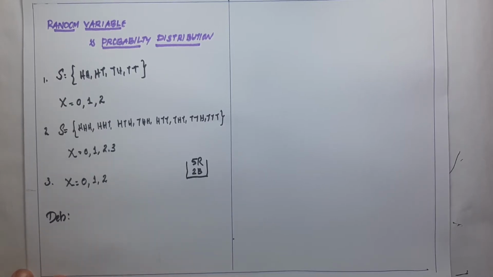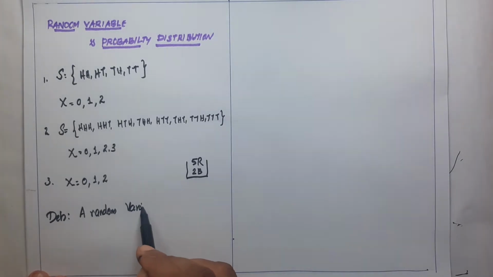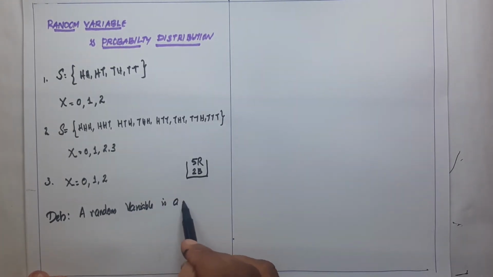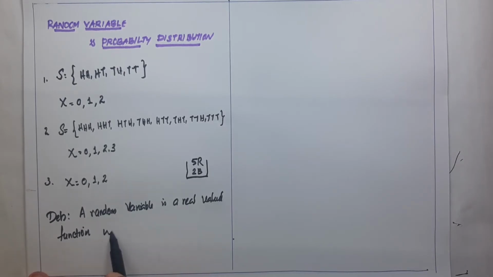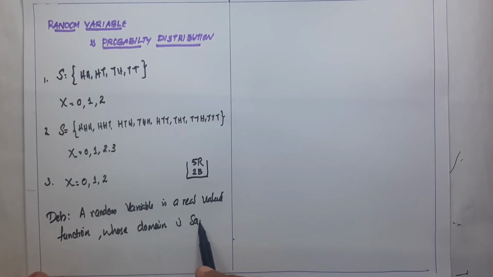The definition says that a random variable is a real valued function whose domain is the sample space of a random experiment.